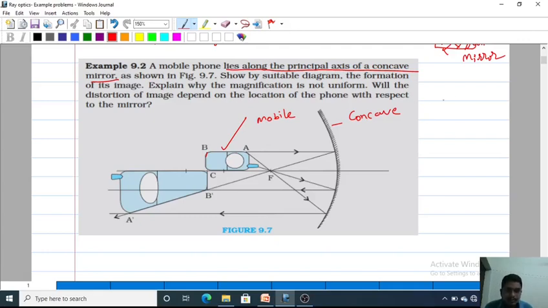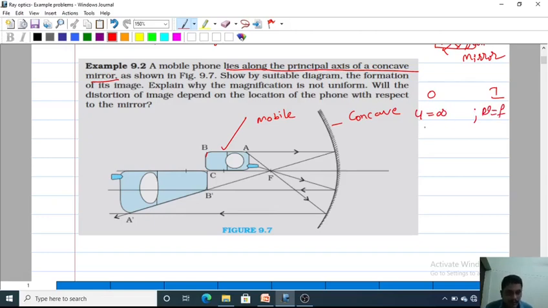So before answering this question, first we need to know some points regarding the position of object and image. When the object is located at infinity, you will get the image at the focus.